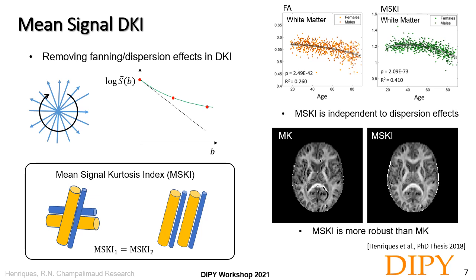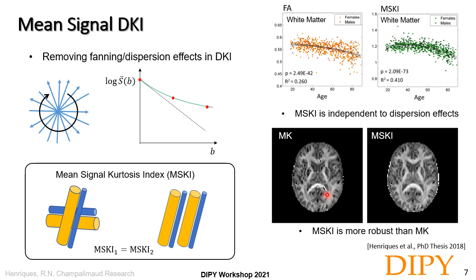For example, a typical artifact that we observe in the standard DKI is negative values in white matter, and this is basically due to the difficulty of the model in capturing non-Gaussian information in well-aligned fibers, whose radial directions have low diffusivities, so you don't have contrast to resolve non-Gaussian information.